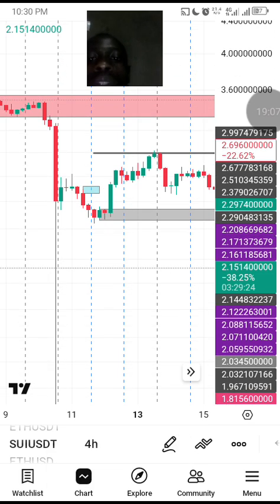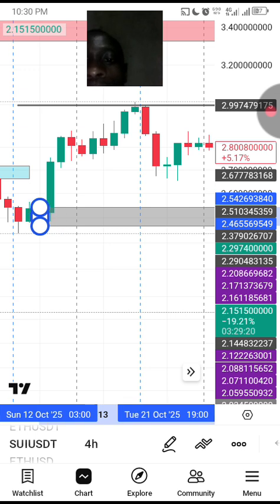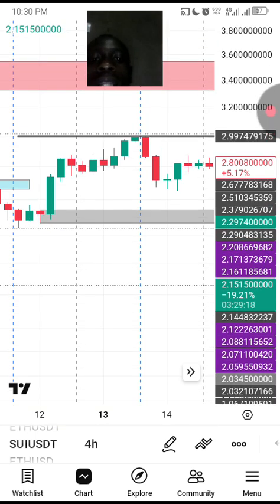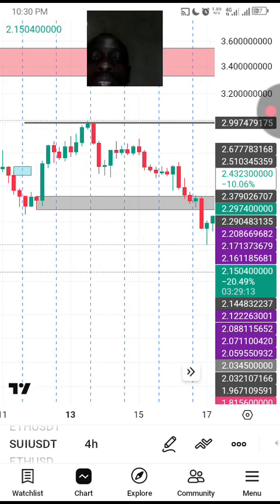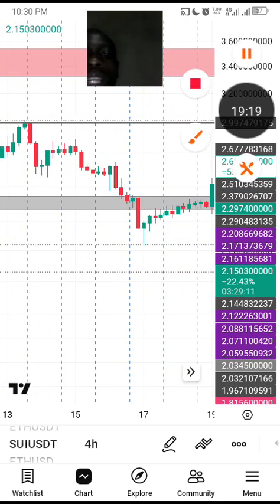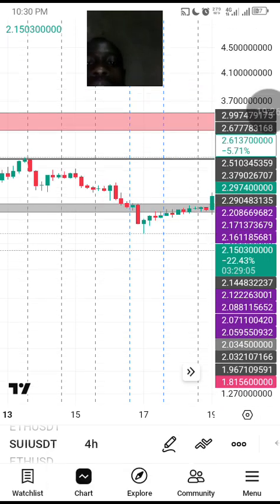So the candle below that is where I draw my demand zone. Okay, like that. You can see we are coming to this level. After coming to this level, instead of retesting and going up, we are broken.